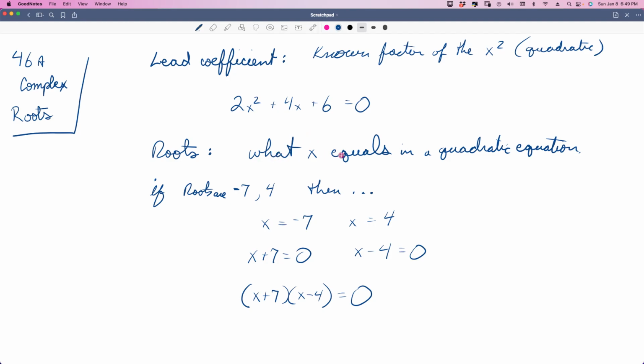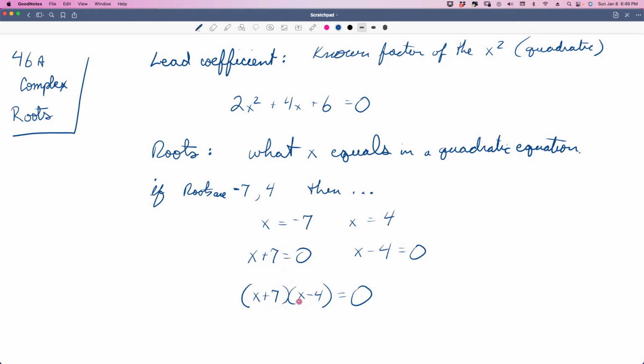Roots are what x equals in a quadratic equation. So for instance, if I say the roots are -7 and 4, then what that means is we have factored the quadratic equation into something like this. Now this is not the factors of these. This is just an example.